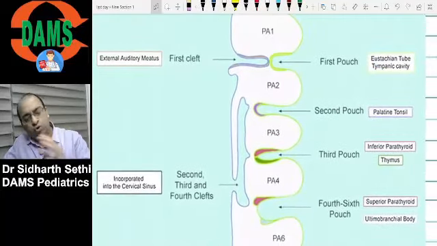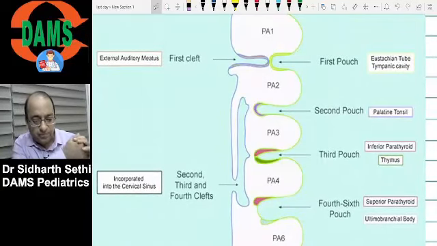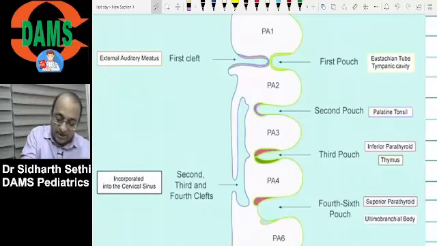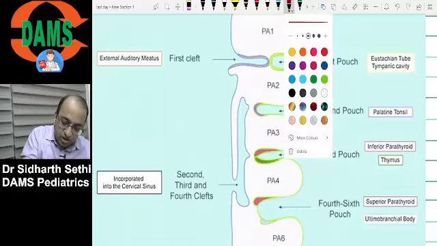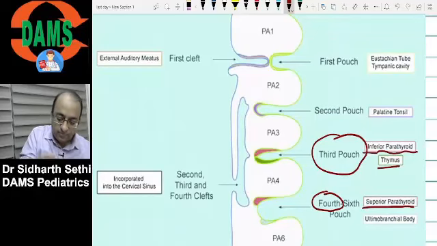Let me take you to a bit of neuroembryology. In our body, embryologically, we have pharyngeal pouches and we have pharyngeal clefts. I will not take you to anatomy, but I want to bring your attention to the third pharyngeal pouch and the fourth pharyngeal pouch. Can you see?